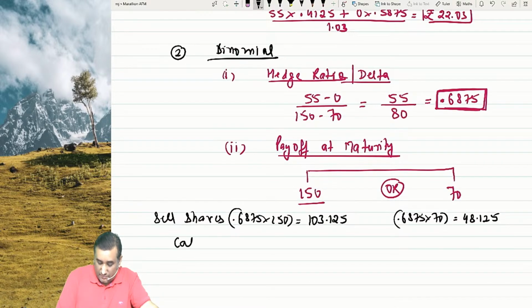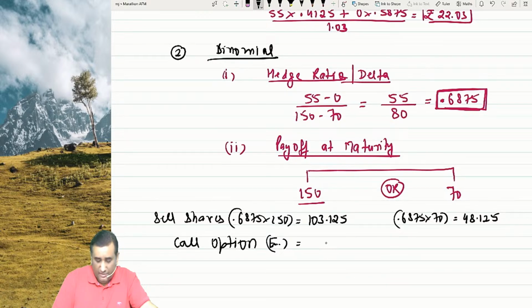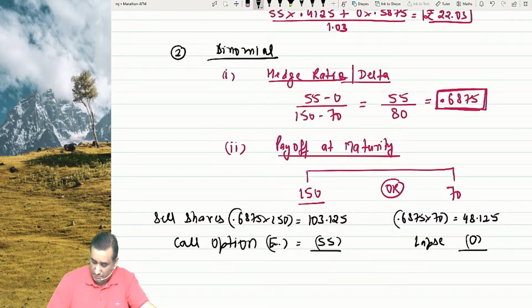Then the call option, perhaps exercised. The writer, since he is writing, lost 50 at 95. The payoff will come to this, and is 0. Call option. I think both come to 48 point.